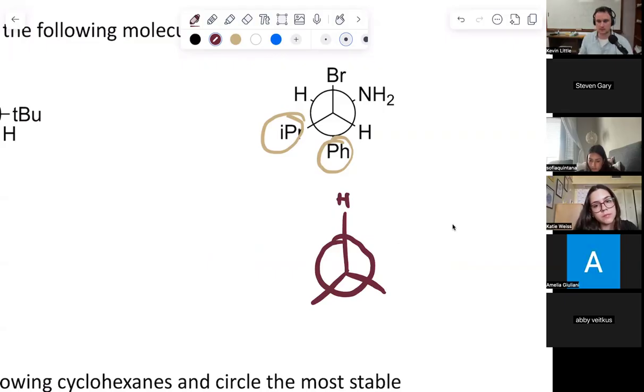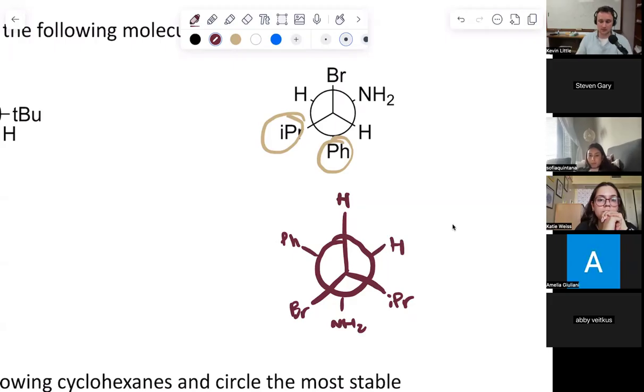Draw the most stable isomer. So you would have to know, well, if the hydrogen's there, then the bromine has to be here, and the isopropyl is going to be here. That means the phenyl is going to be here.